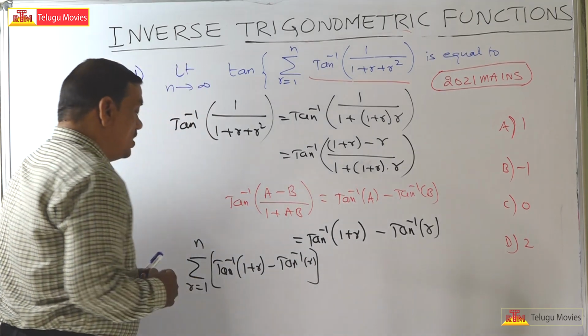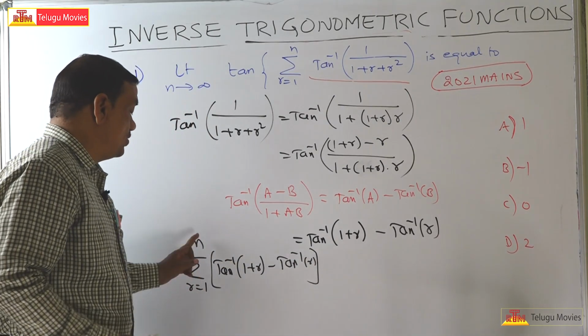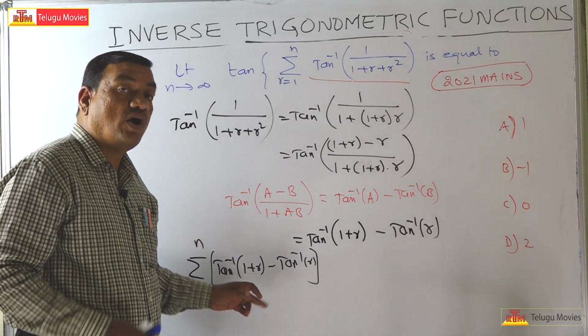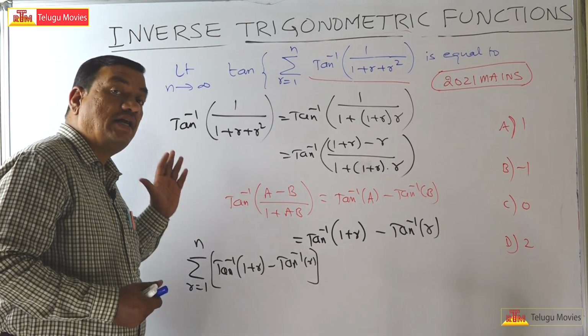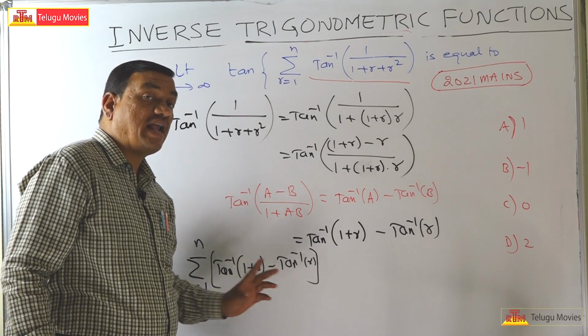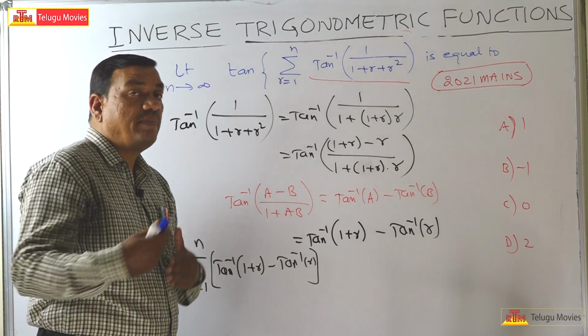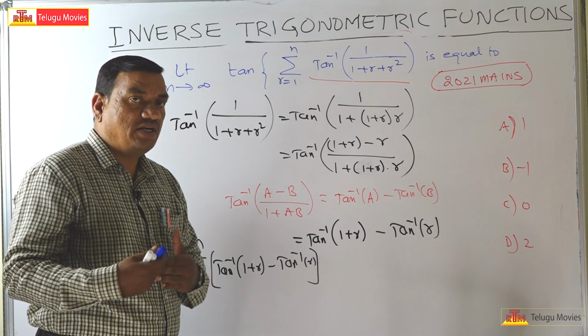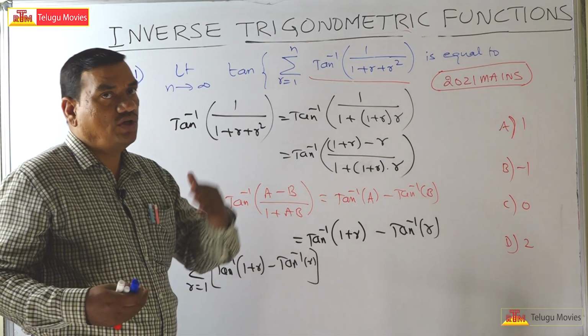Now r runs from 1 to n. So first you apply r is equal to 1, 2, 3, 4 like that, and definitely you will surely get some cancellation of terms. So what ultimately remains?